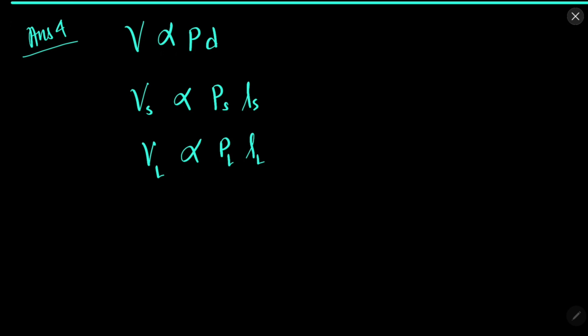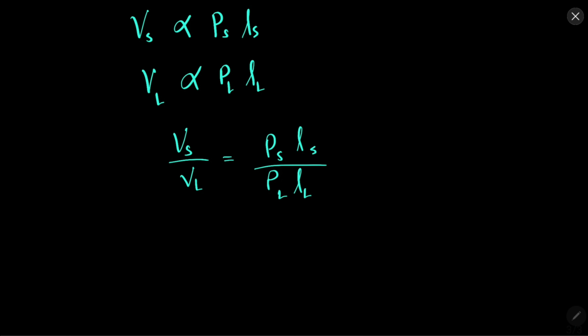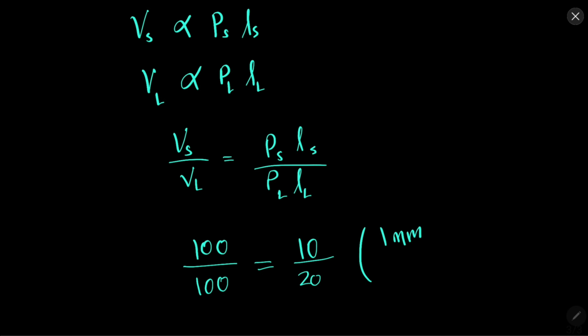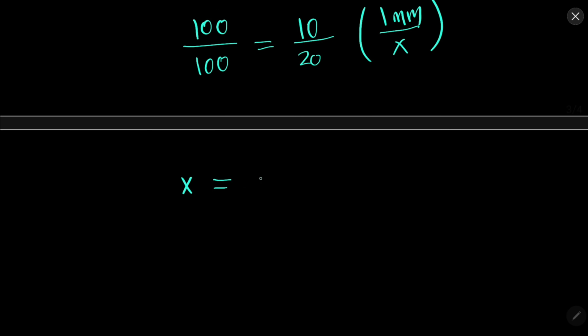So we have two tubes, short and long. So this one is for short, this one is for long. So let's take the ratios. So ps ls over pl ll. So ultimately we know that it is 100 over 100 equal to 10 over 20. Now 1 mm over, let's say x, unknown x. So x will come out to be 1 over 2, that is 0.5 mm.